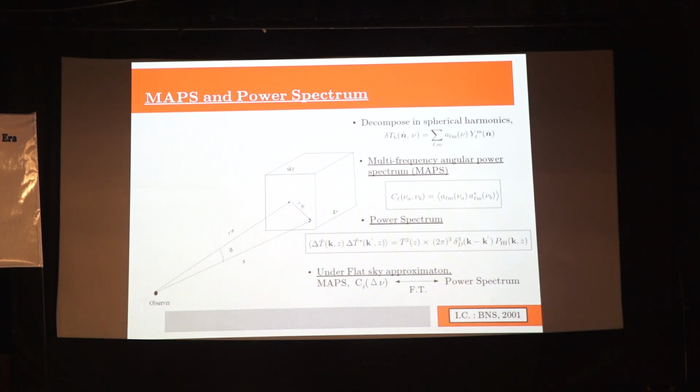And these fluctuations can also be decomposed in terms of a Fourier series, and the correlation between different K modes gives us the power spectrum of the brightness temperature fluctuations.